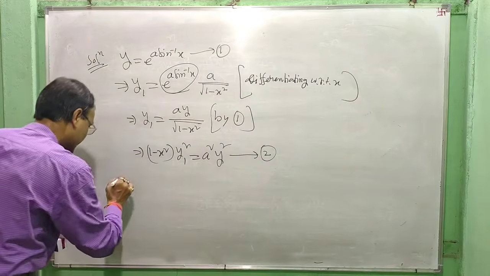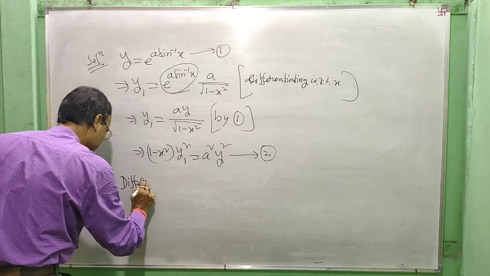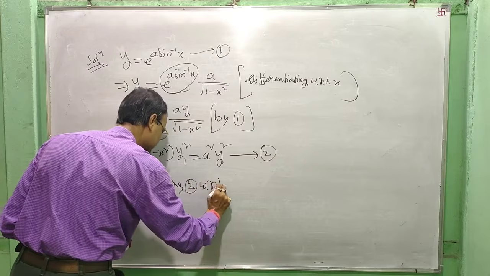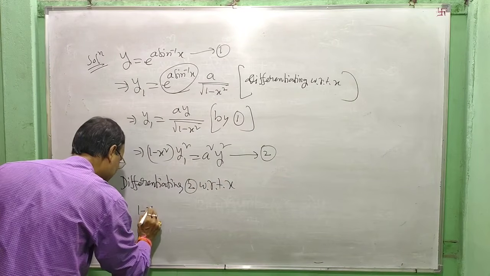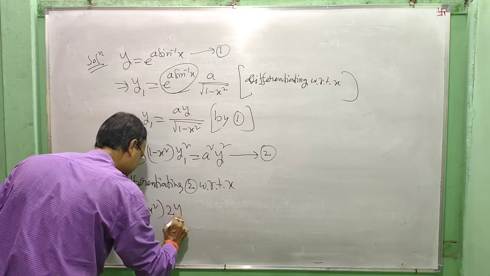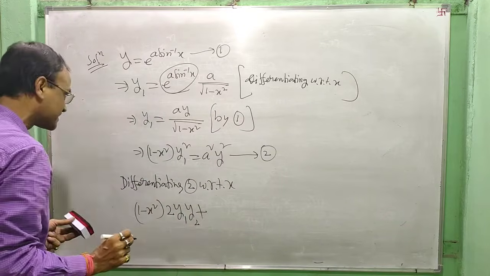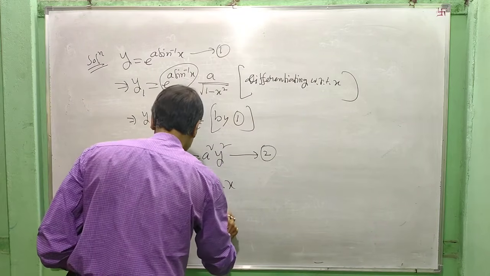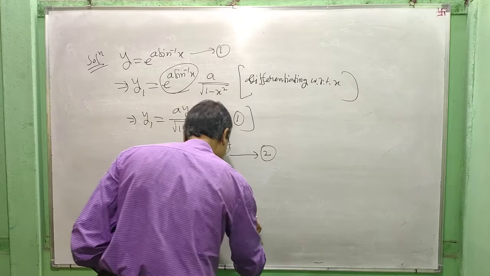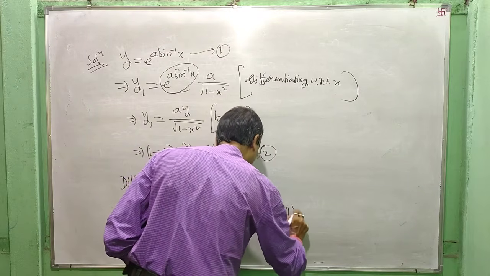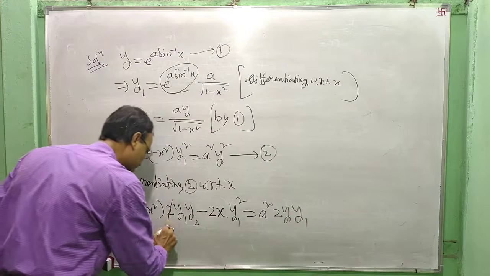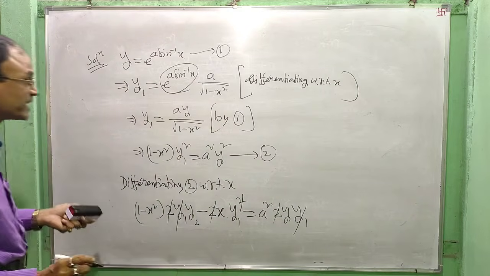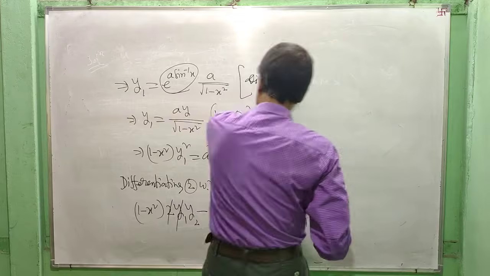Differentiating 2 with respect to x, 1 minus x square, if you differentiate this twice, y1 y2 plus, not plus, it will be minus twice x into y1 square, is equal to a square twice y1. 2 is not equal to 0, therefore y1 is not equal to 0. y1 can be cancelled from both sides.